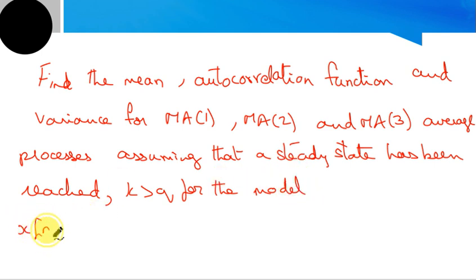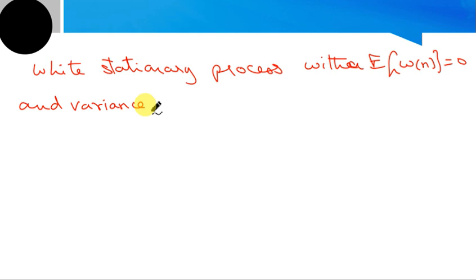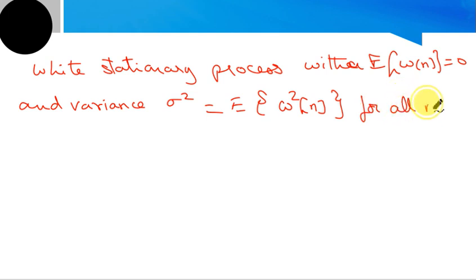For the model, x of n equal to summation k equals 0 to q bk w of n minus k for all n greater than or equal to 0, where w of n is a white stationary process with zero mean, in the sense E of w of n equal to 0, and a variance sigma squared equal to E of w squared n, for all n greater than or equal to 0.